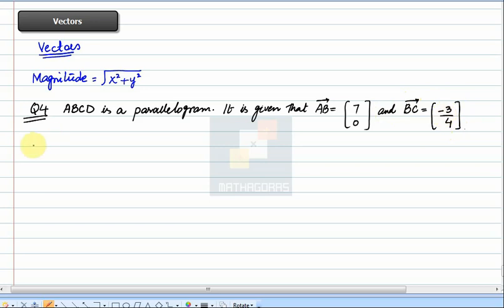Right? So if I draw a parallelogram here, that is a parallelogram. It's A, B, C and D. You know that in a parallelogram opposite sides are parallel and equal.